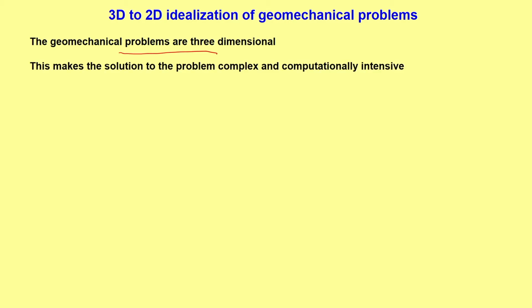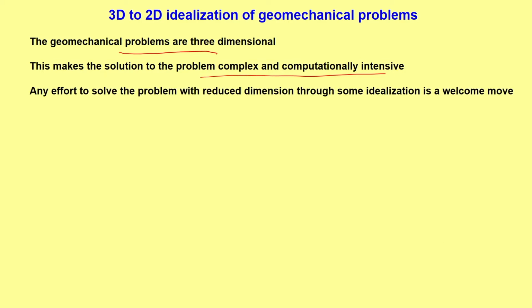As we have seen, geomechanical problems are essentially 3-dimensional, not 2D. This makes the solution to the problem complex and computationally intensive. Reality is 3D, but when you conceive 3D, it is going to be a bit more complex than 2D and it is computationally intensive.